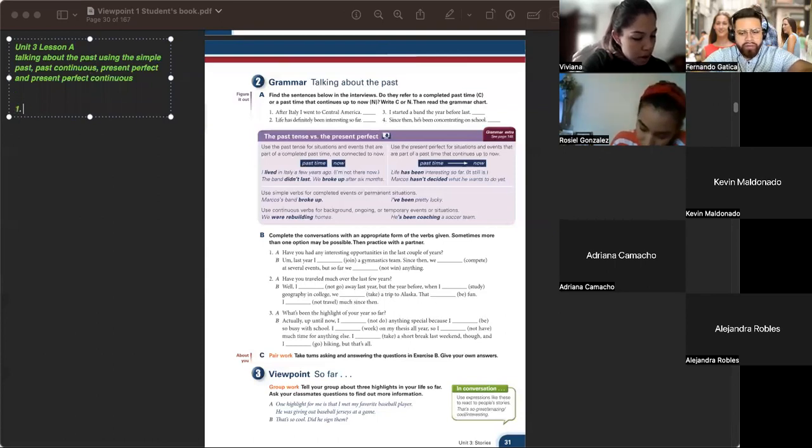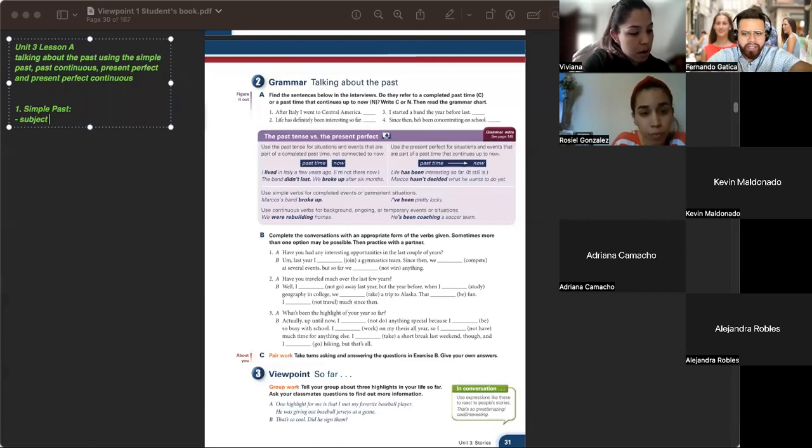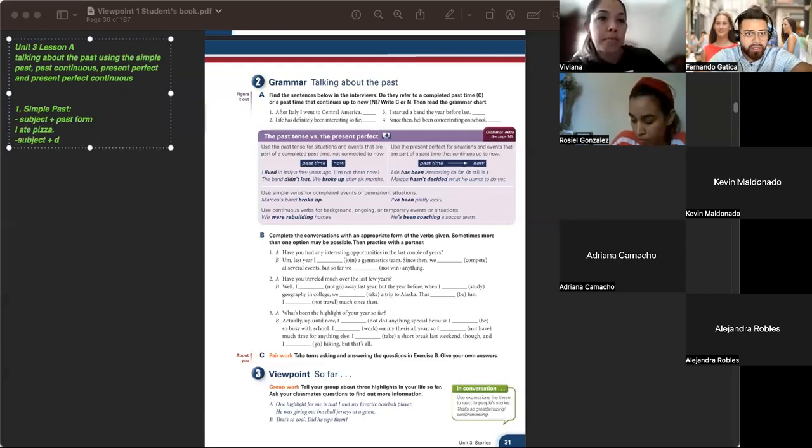Okay, so number one, for the simple past, in affirmative sentences, you need to use a subject and the past form of a verb. For example, I ate pizza. In the negative form, you're going to use the subject plus didn't, and then the base verb.